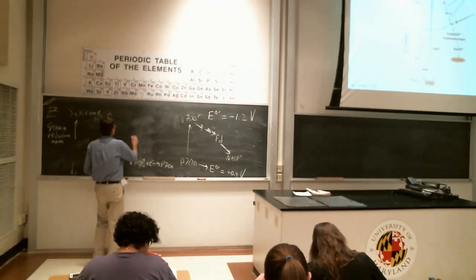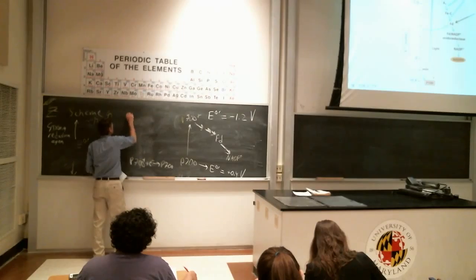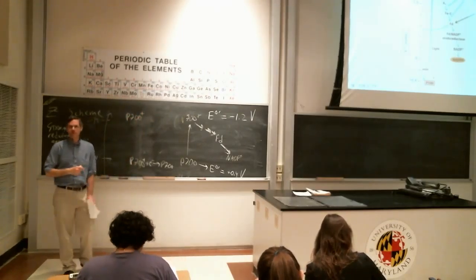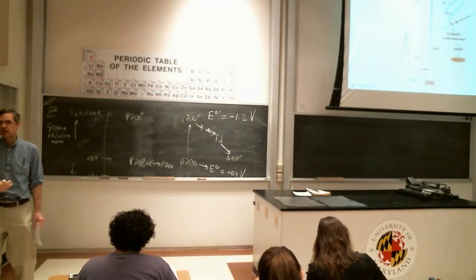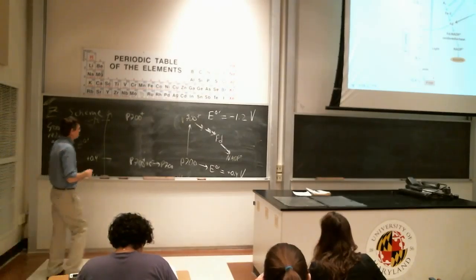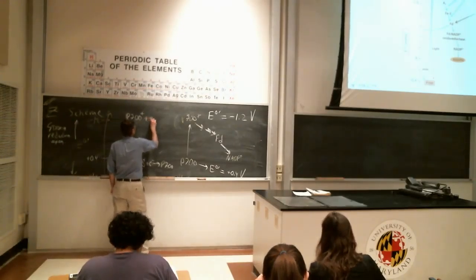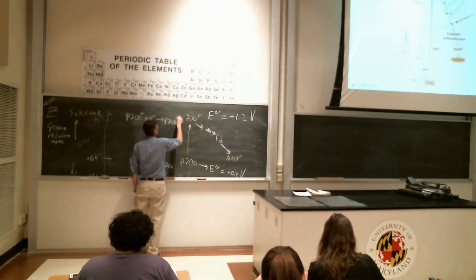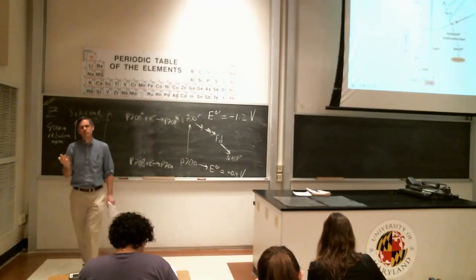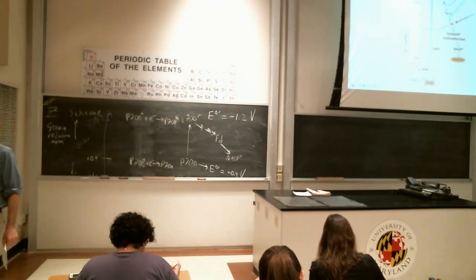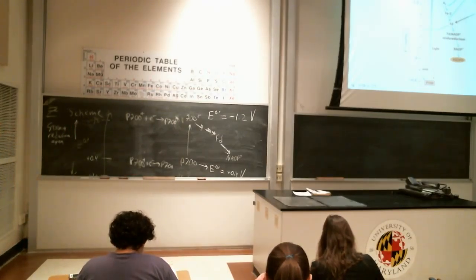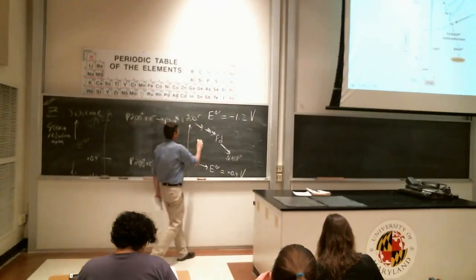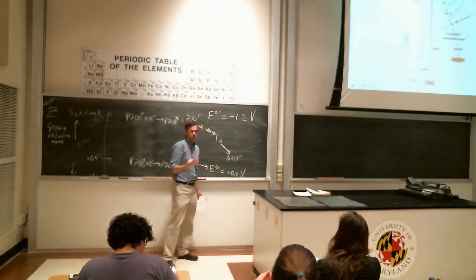Well, in this case, the reduction potential refers to this reaction. Again, it's the oxidized form of P700, because it has to accept an electron. It's going to accept one electron, but the reduction potential refers to this reaction where oxidized P700 accepts an electron in the excited state. That's what this reduction potential of minus 1.2 volts refers to.